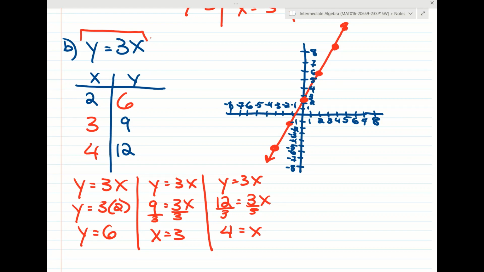If I use -1 for x, it looks like y would be -3 because that's a point on the graph, right? If you were to pick 3 for x, y would be 9. So this line is really just made of an infinite number of points that satisfy that equation. That's what a line is.